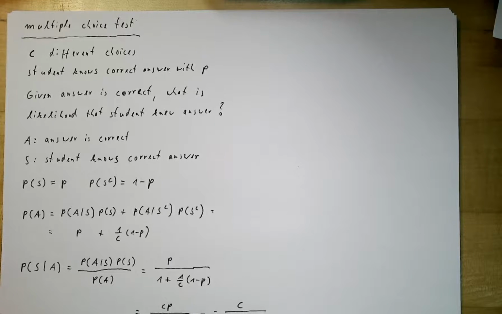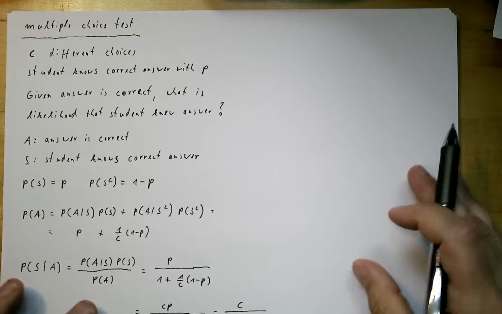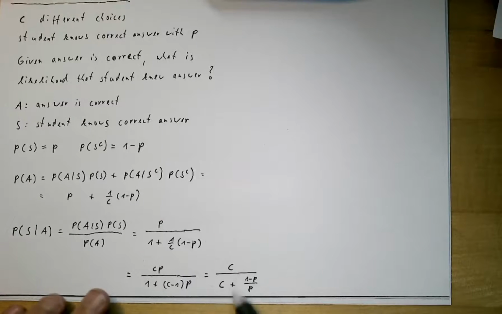Now what I want to know in the design of my exercise is how many choices I should give to the student. Sorry, sometimes I forget to move the paper here. So C over C plus 1 minus P over P. My variable, what I can control, is the number of choices.